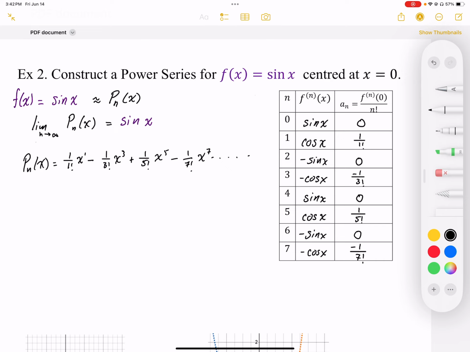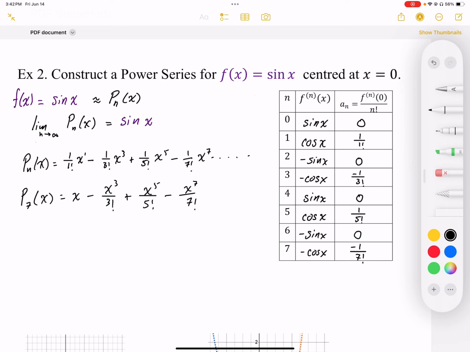And it'll go forever. And our P7, if I just clean that up, is going to be x minus x cubed over 3 factorial plus x to the power 5 over 5 factorial minus x to the power 7 over 7 factorial.